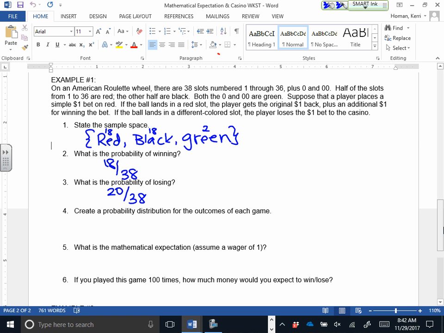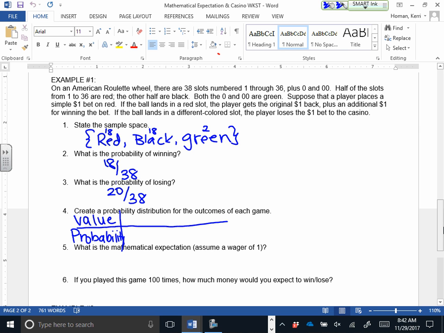Now the probability distribution is just that chart that I told you about. We need to write out the value of each probability. How much money are we betting here? We're betting $1, correct? If we win, we gain $1.